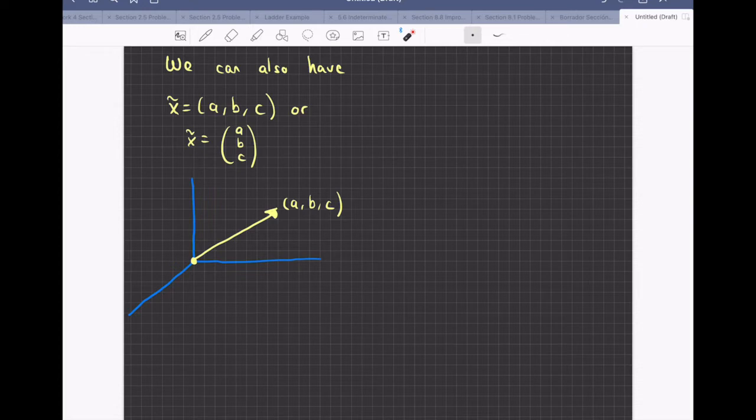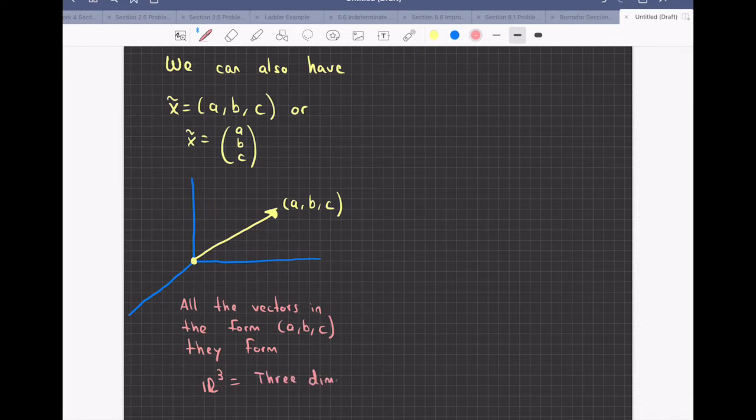So in this case, all the vectors in the form (A, B, C) form R3, that is the three-dimensional space.